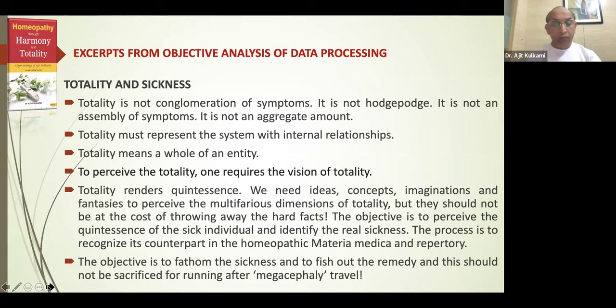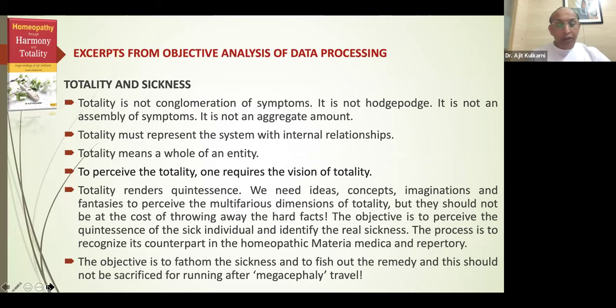So the objective is to perceive the essence of the sick individual and identify the real sickness. Last lecture, as I also told you, the big problem in homeopathy is what is true sickness. True sickness is a very unique, personalized, individual field to be explored.